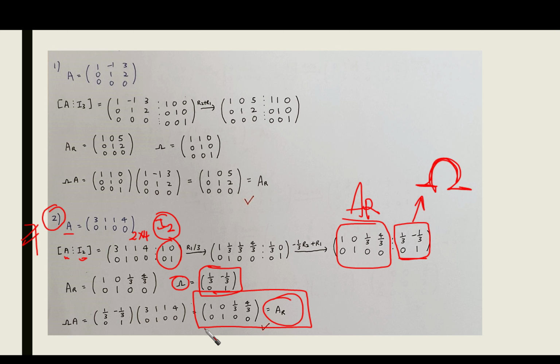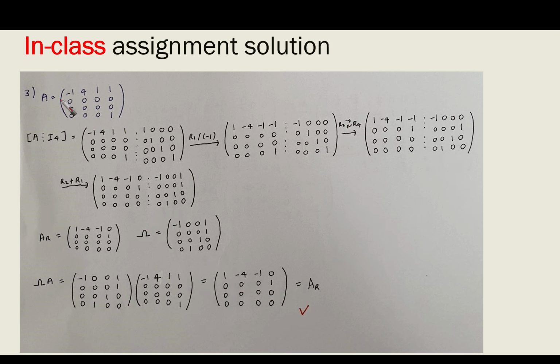This is AR. For the third solution, for the third in-class assignment, you start with A. Make the augmented matrix as it is. We have here 1, 2, 3, 4, so it is 4 by 4. Then the identity matrix is going to be I4 based on the number of rows. So this is the identity matrix as you can see here, 1, 1, 1, 1 on the diagonal.